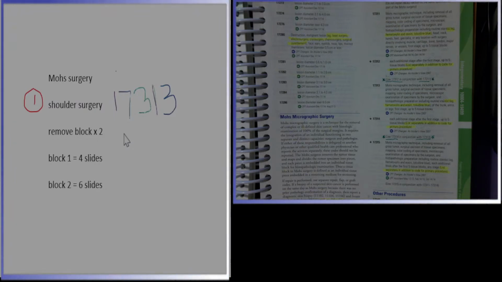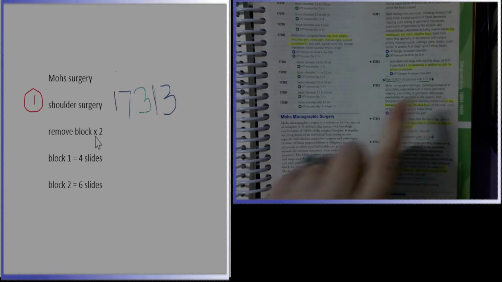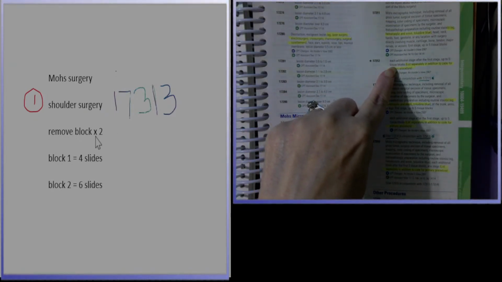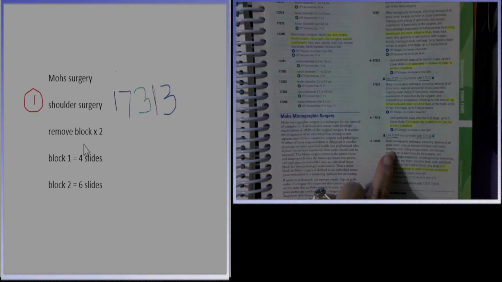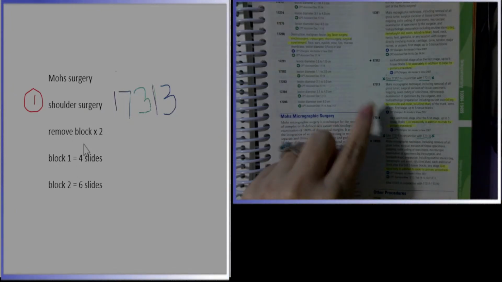So it'd have to be a whole lot more. I don't even know if I did that numbers correct, because we need to have 5 slides here. We need to have 5 slides here, and then we'd have to have extras. So I probably didn't do that number right.